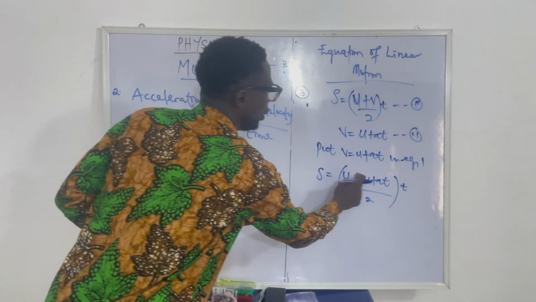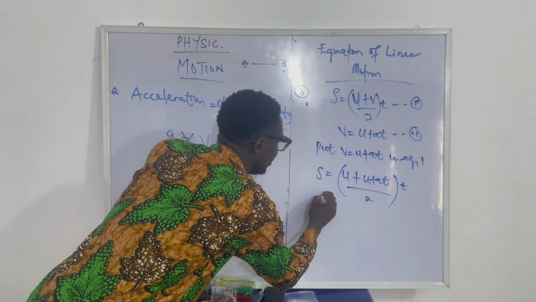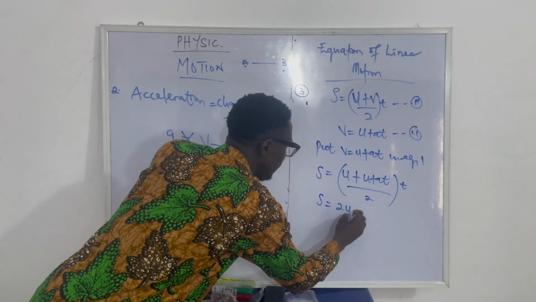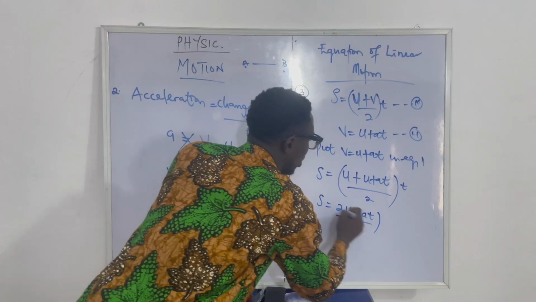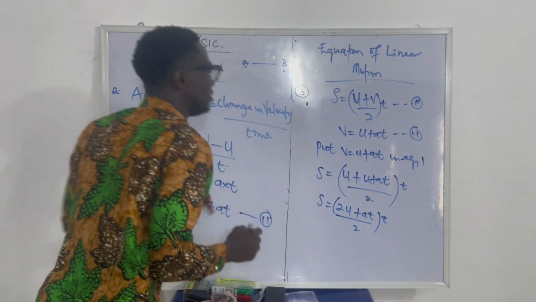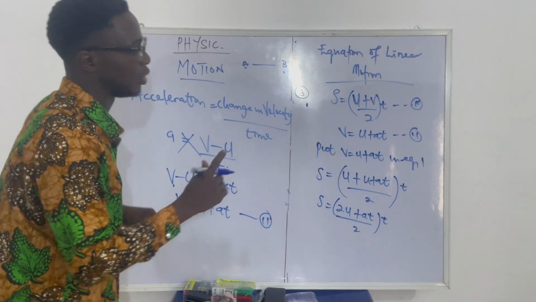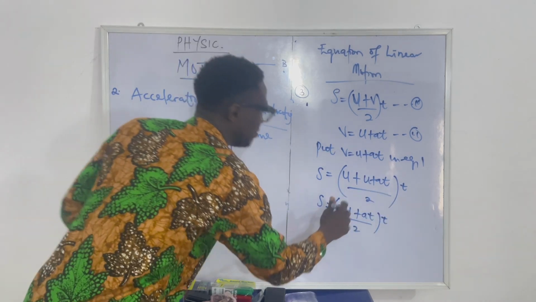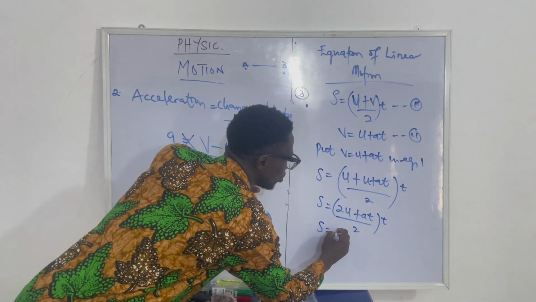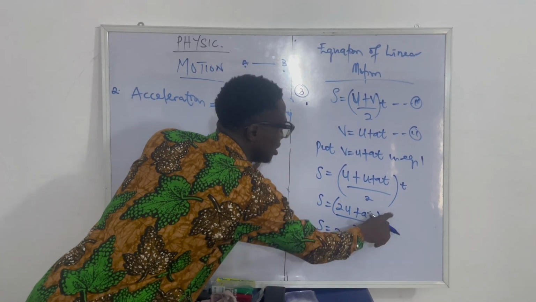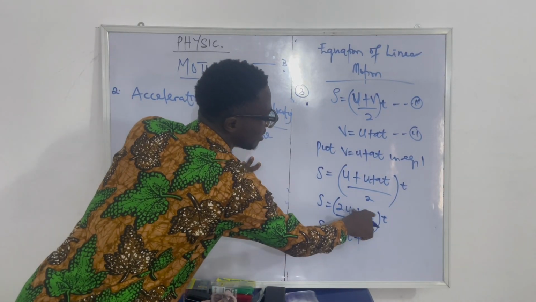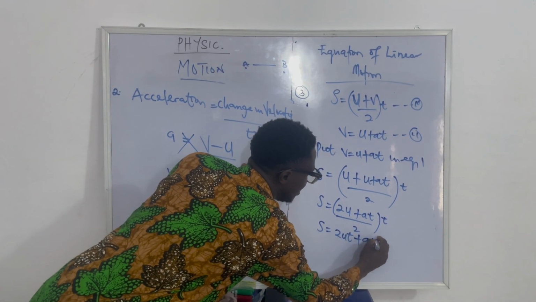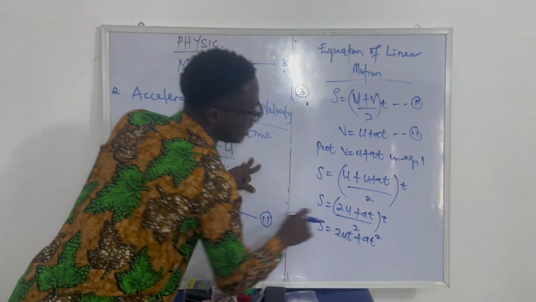Now u plus u is 2u, plus at, over 2, all multiplied by t. We can open the bracket: x equals (2ut plus at squared) all divided by 2.